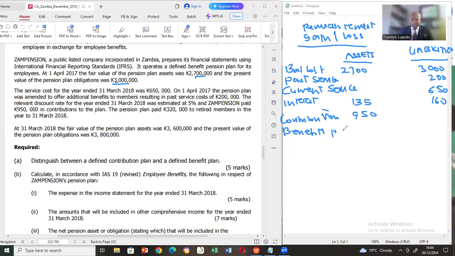Benefits paid, we have 320. 320. And we have there 3465. And there 3690.